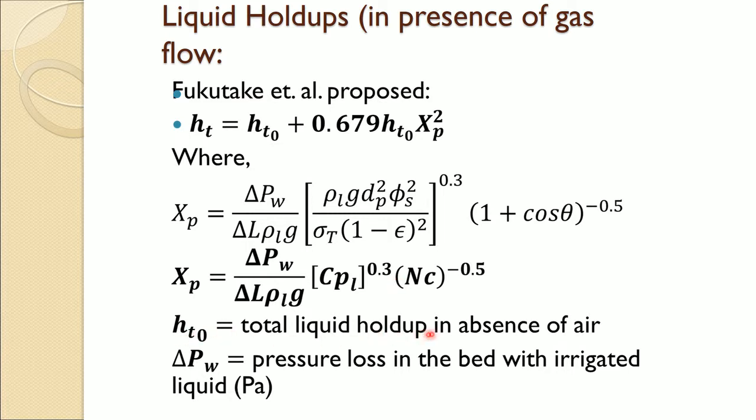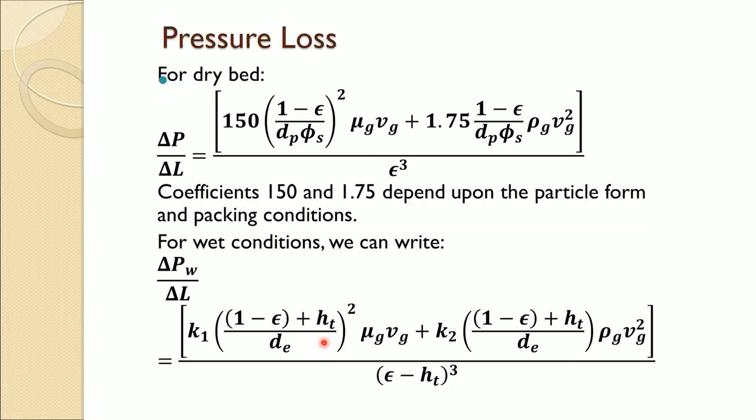HT naught is the total liquid hold up in absence of air, and delta Pw is the pressure loss in the wet condition, when it is irrigated by liquid, or in the wetting condition when liquid flow is there. So, naturally one has to know this, and for the dry bed you already know about it using the Ergun equation. We have used this in many of the applications previously.